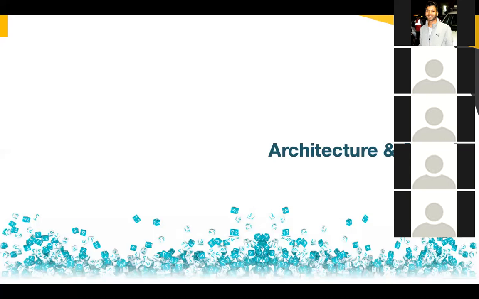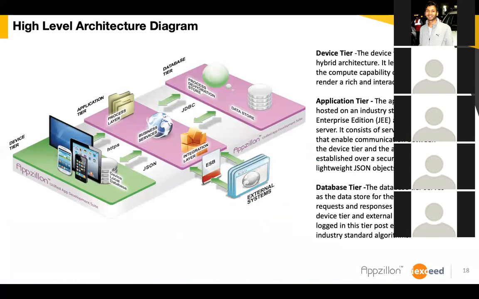Okay. So largely we have been talking through this. This is more of a high-level architecture diagram that you see. So this is typically the device tier. You have the apps getting downloaded onto your mobile, and then we also leverage the local database of the device at times.